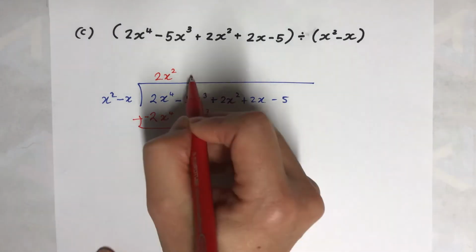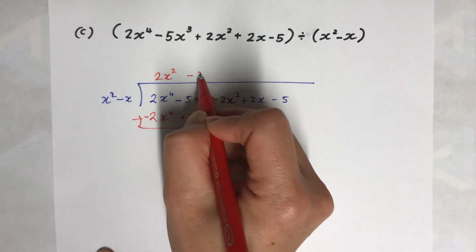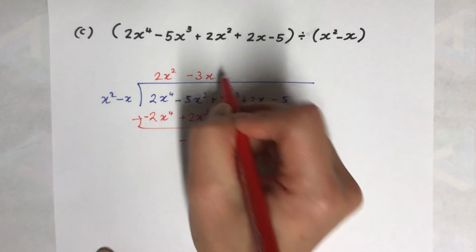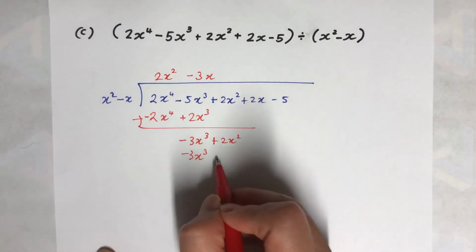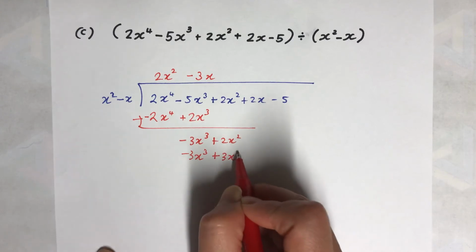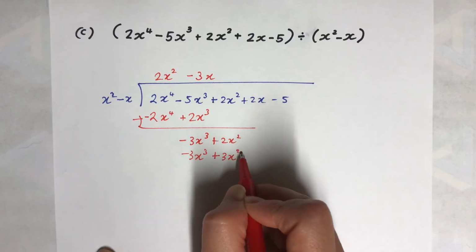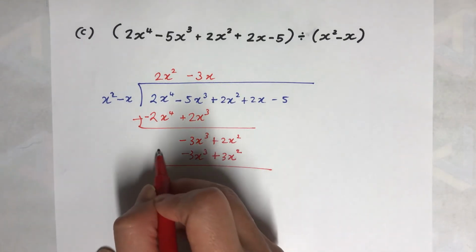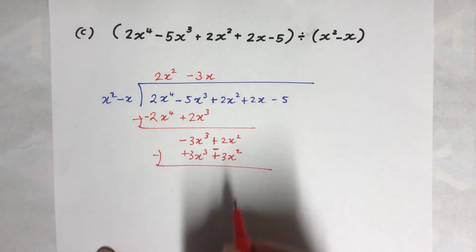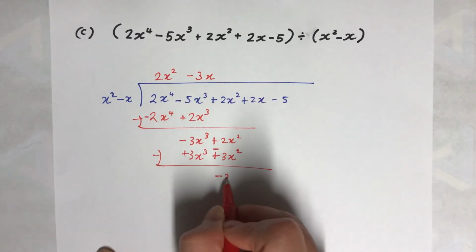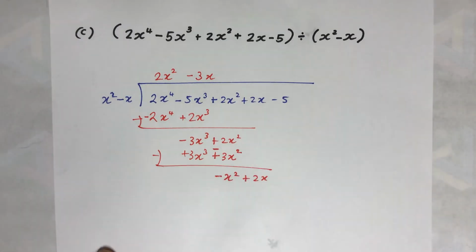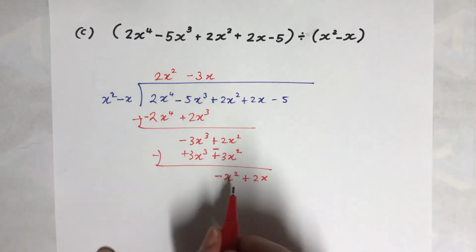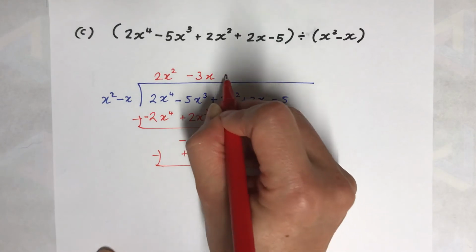Now to get to that, I'm going to go minus 3x. When I times it, I'll get minus 3x cubed. If I times it, plus 3x squared. And then I'll minus it, plus minus. So what I've got is minus x squared, and I'm going to bring this down. Yep. And then I'm going to go, that's just minus 1.